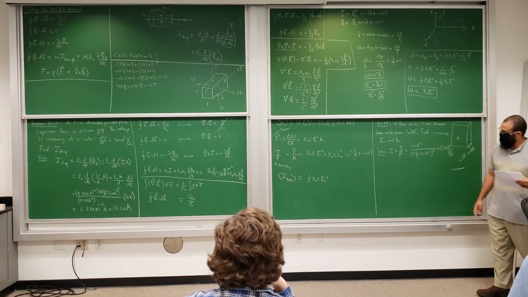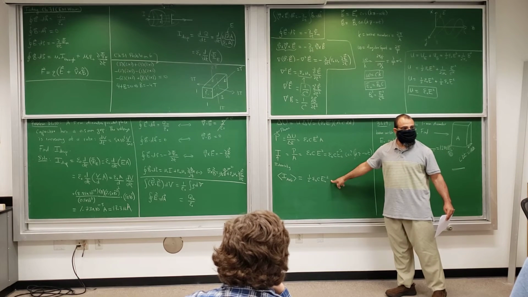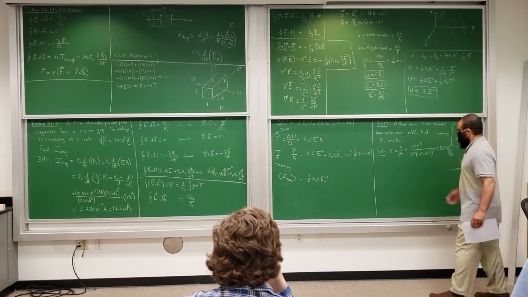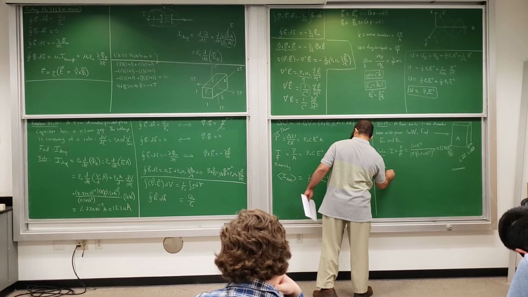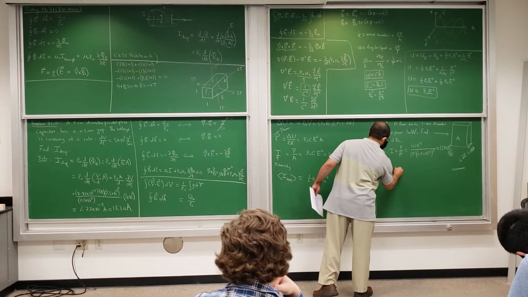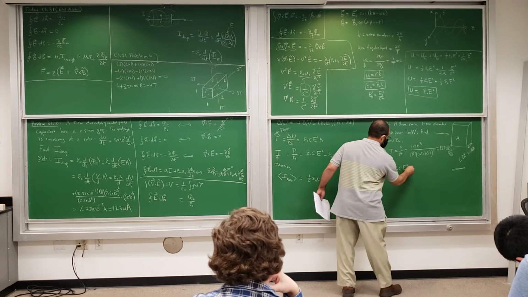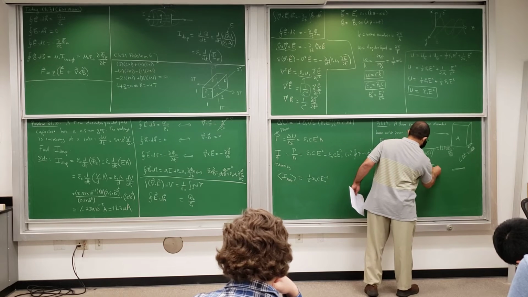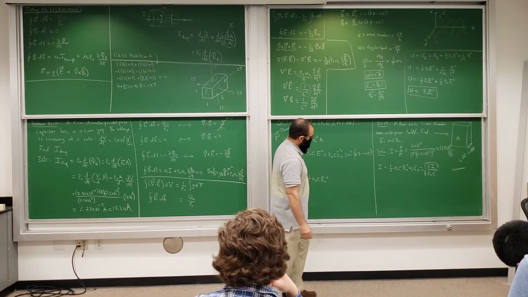Well, once you know the intensity, you can use this to get the electric field. So the intensity is 1/2 epsilon naught C times E naught squared. So E naught would be the square root of 2I over epsilon naught C. So you can plug in the numbers.